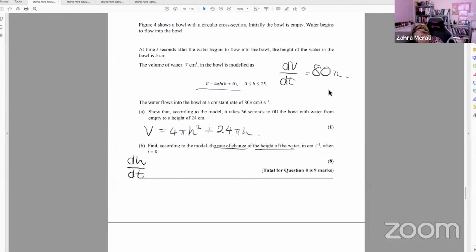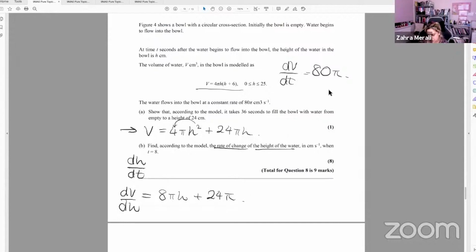So we know dV/dt. We can work out dV/dh by differentiating this. Remember π is just a constant, you treat it as a number. So that's just going to give you 4 times 2, 8πh plus 24π.